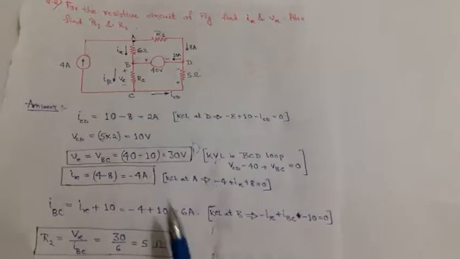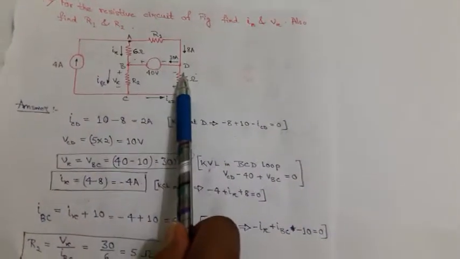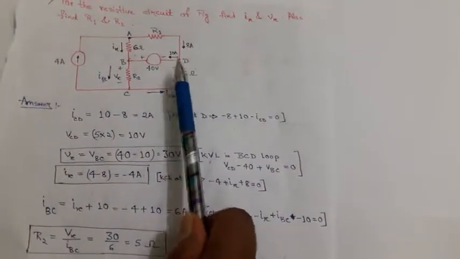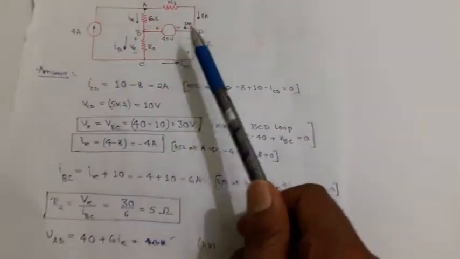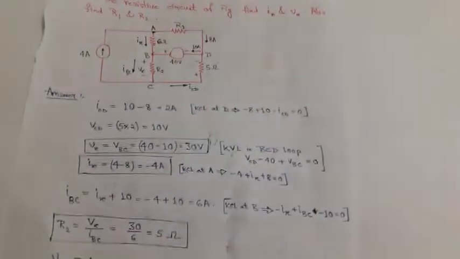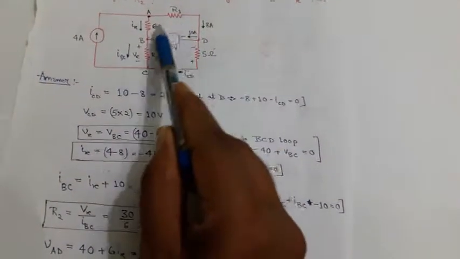Now go to the AD point, here. At the AD point I can find the value of VAD. Again here it is a KVL.